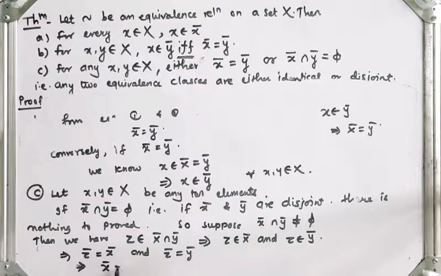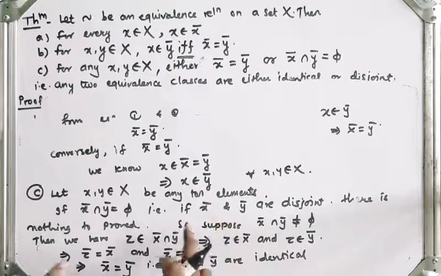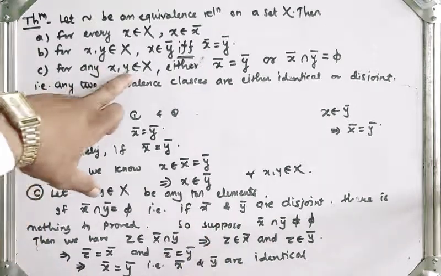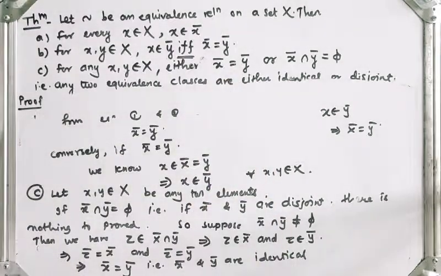So x bar is equal to y bar from these two equations, that is, x bar and y bar are identical. If the intersection is not empty, then both are equal. What we have to say here is, if x and y belong to set X, then either they are identical or disjoint.